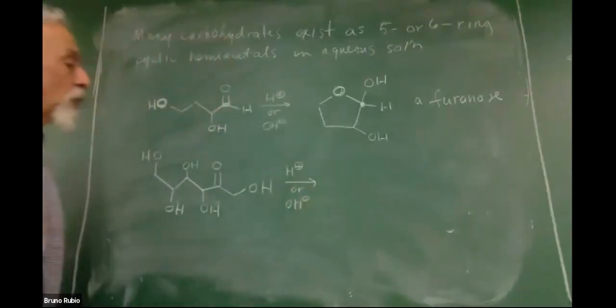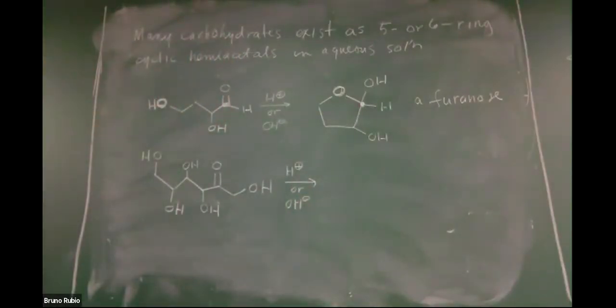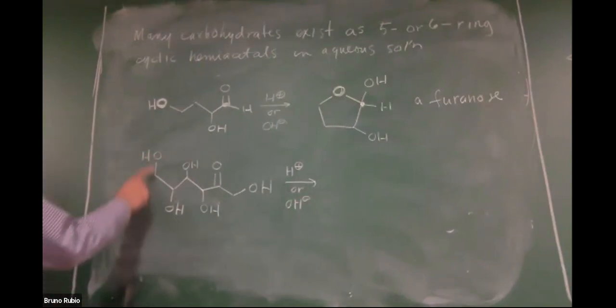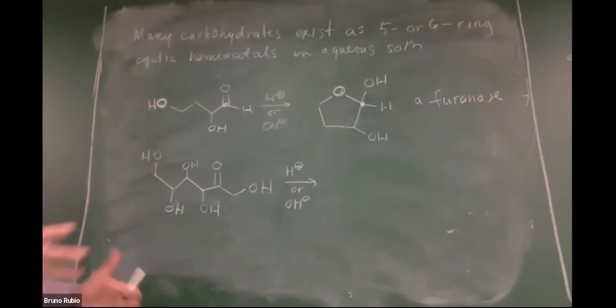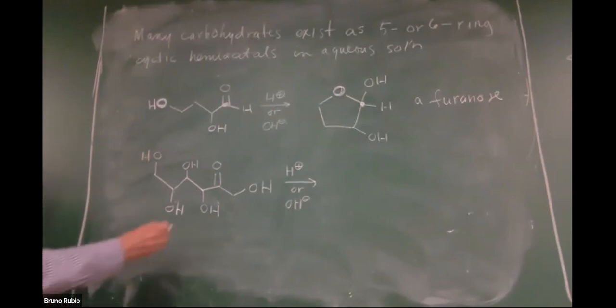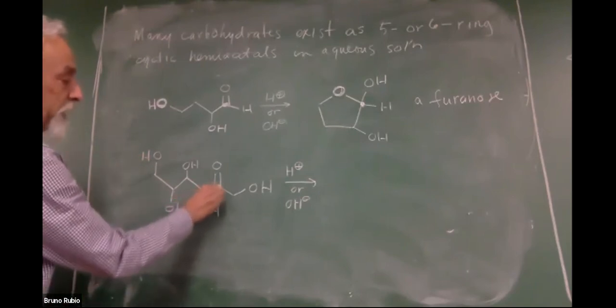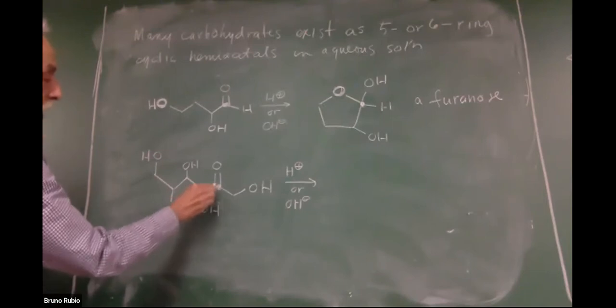Inside a glass of water or inside a beaker in the laboratory, inside your cell, this thing can ring up into a cyclic hemiacetal. Okay, so that's the carbon that is going to be attacked.